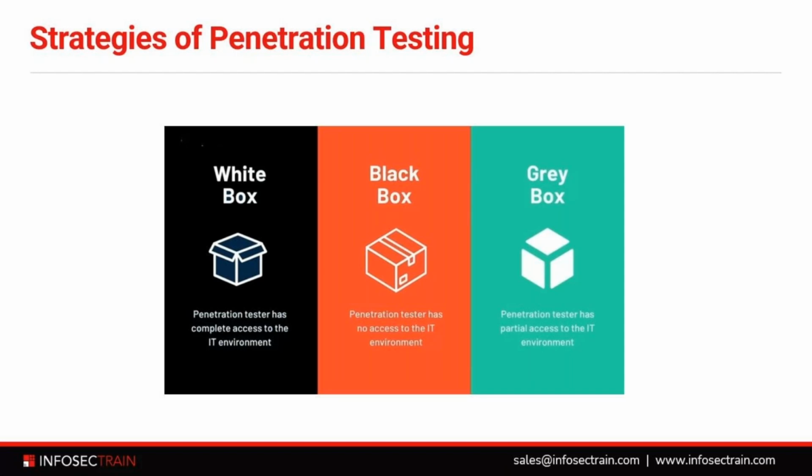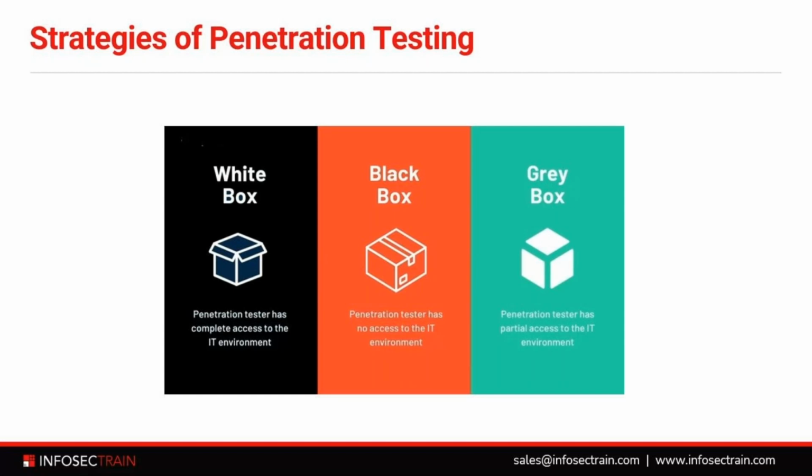So by pen testing, you can determine the efficacy of the organization's security policies, controls, and technologies, right? It involves the active evaluation of the security of the organization's infrastructure by simulating an attack similar to the ones performed by real attackers, right?